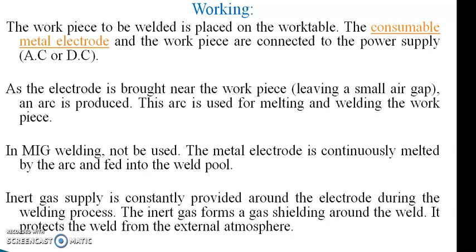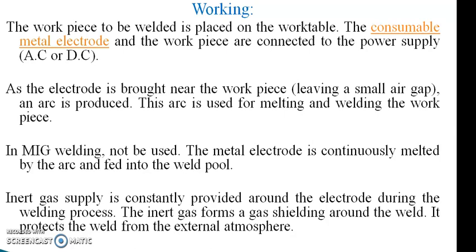We intentionally create a gap. Due to that gap, the arc is produced between the consumable metal electrode tip and the work surface. The high heat of the electric arc diffuses the metals and also melts the metal electrode to fill the weld gap.